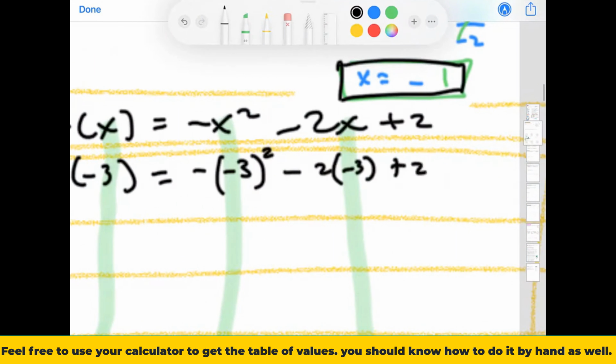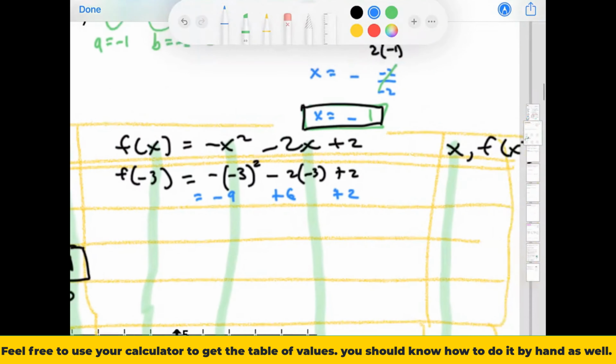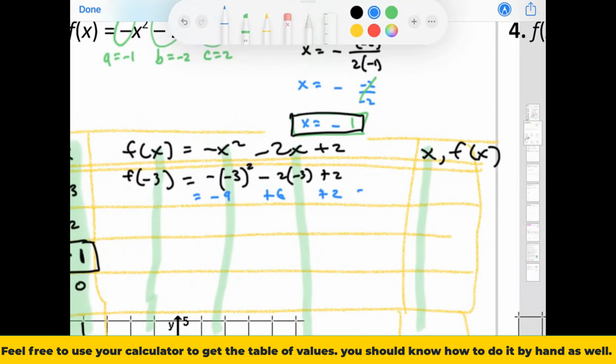And then order of operations here. Pay attention. This one's going to be negative 3 squared, which is positive 9, and the opposite is negative 9. You do not distribute the negative 1 there. Okay, negative 2 times negative 3 is positive 6, plus 2. So negative 9 plus 8 equals negative 1. So I have a negative 1 when x was negative 3.